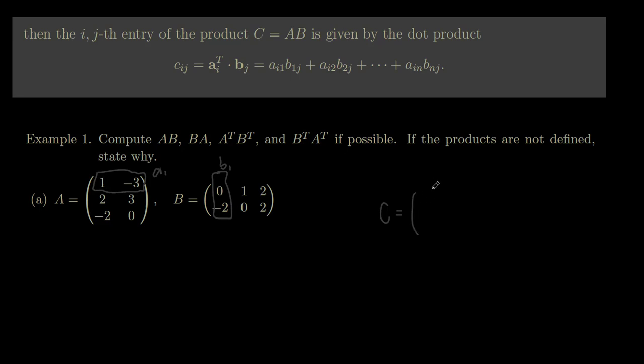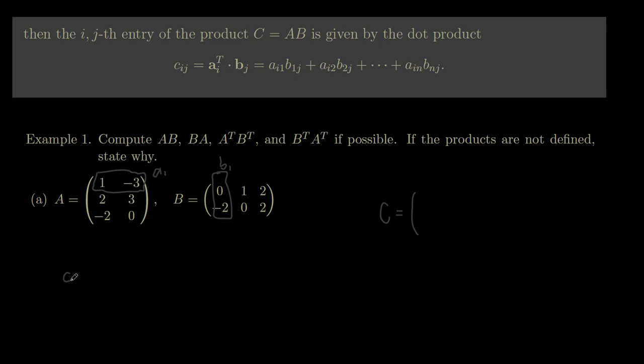the first entry is going to be C11. Now to get C11, what I do is I grab this first row A1 and I make it a column vector. That's what this transpose is telling me, that I have the row vector and I'm going to turn it into a column.